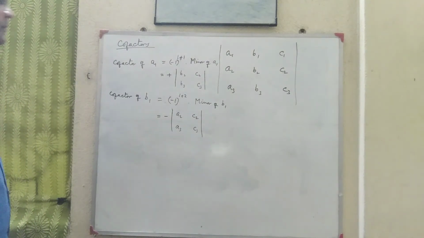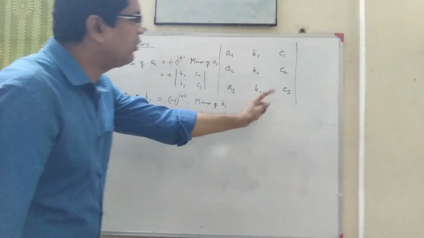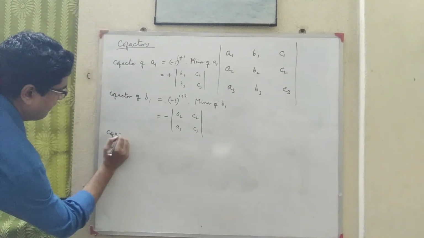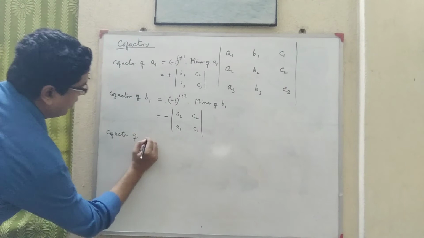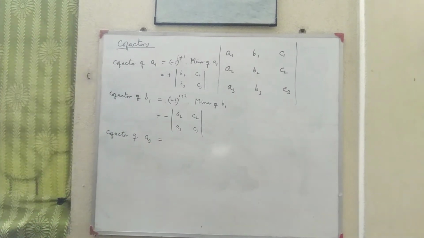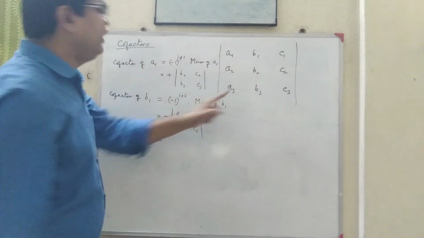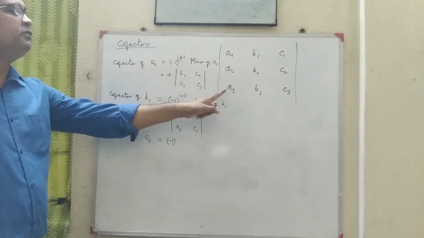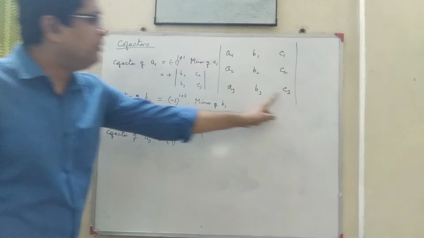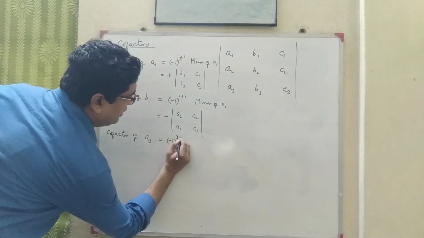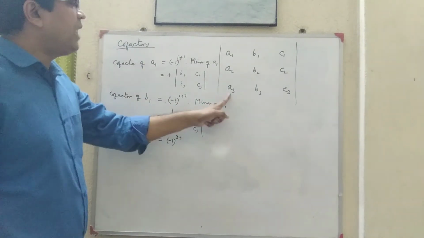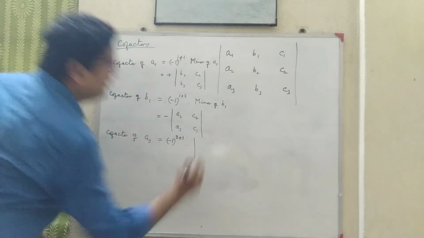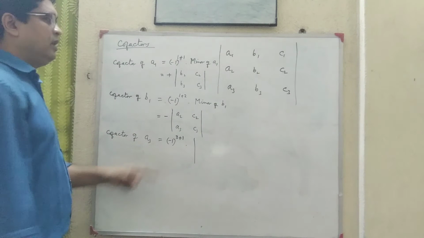Now, suppose we want to find the cofactor of A3. For the sign, we have to write -1 to the power. You see A3 lies in the third row, so the row number is 3, plus A3 lies in the first column, so the column number is 1, into the minor of A3.